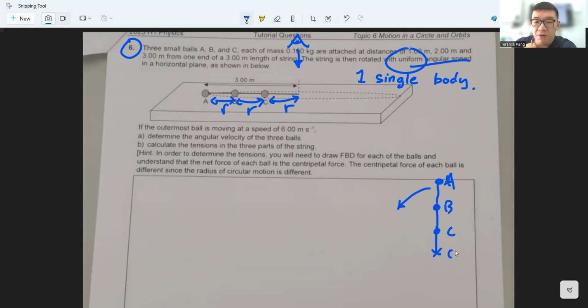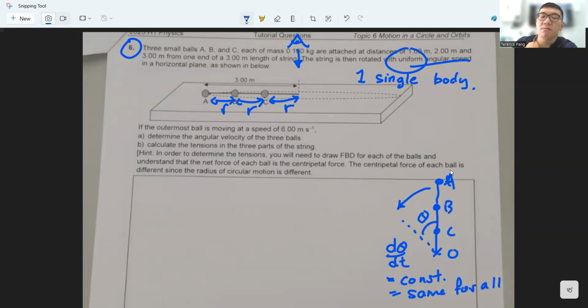And it's important to take note that the angle through which they cut, the rate, is the same. So your d theta over dt is a constant, and it's the same for all bodies. All right, so these are the fundamental concepts to take note of when it comes to solving questions like this.